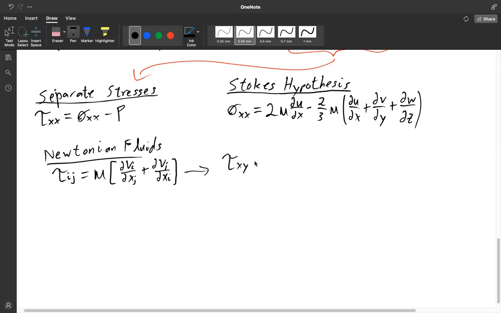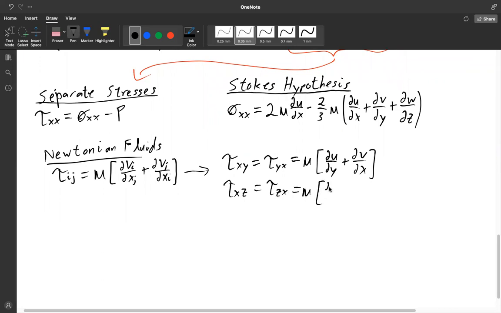Tau xy equals tau yx equals mu times partial u partial y plus partial v partial x. Tau xz equals tau zx equals mu times partial u partial z plus partial w partial x.